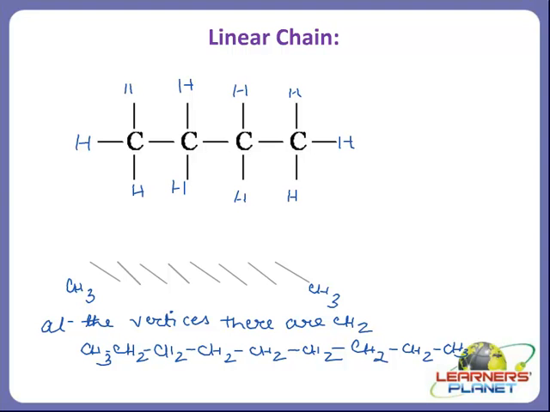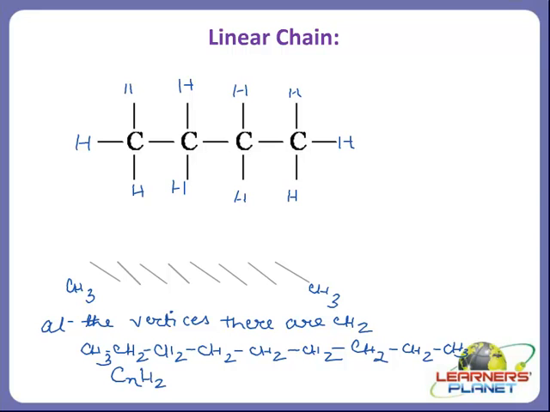So what is this, children? Is it an alkane or alkyne or alkene? It is an alkane, students, because there are single bonds between the carbon atoms. So what is the formula of an alkane?